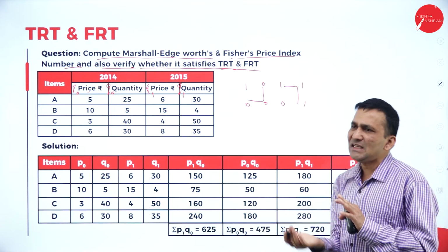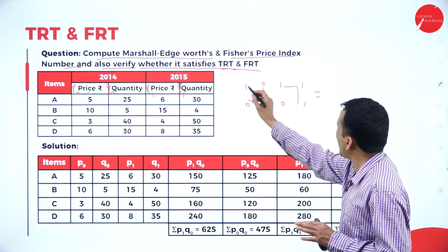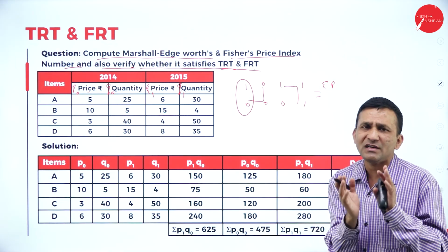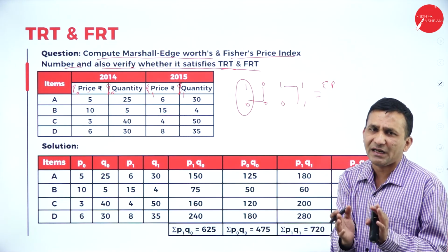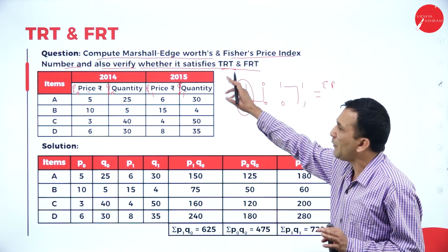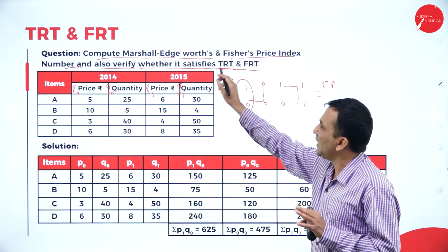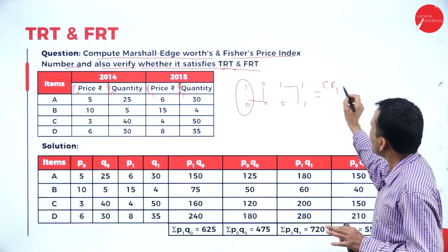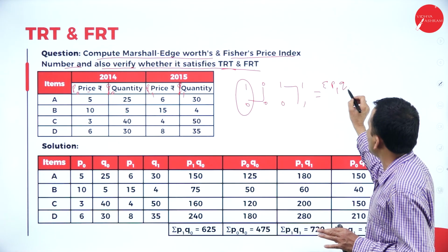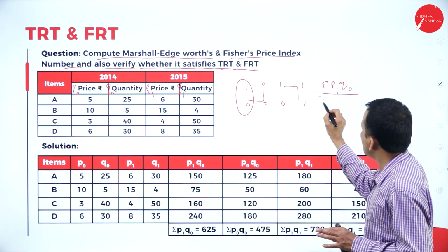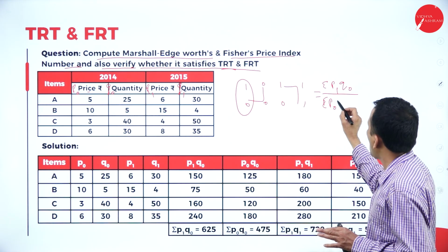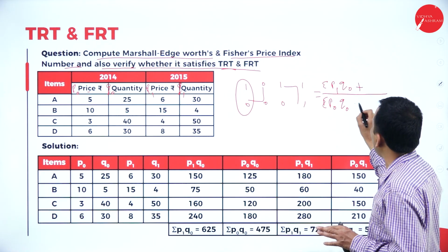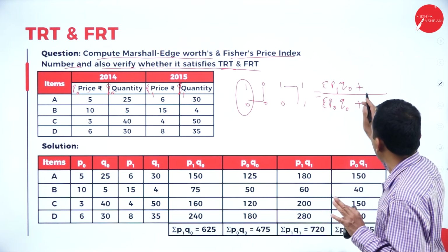Now when we are writing on the formula basis, we are writing sigma P, first starting with P, because price index means always P, quantity index means always Q. So they are asking to do with the help of a price index number. Now we are trying to do for sigma P1 Q0 and sigma P1 Q1, again divided by sigma P0 Q0, again you need to extend numerator and denominator with the same plus sign.